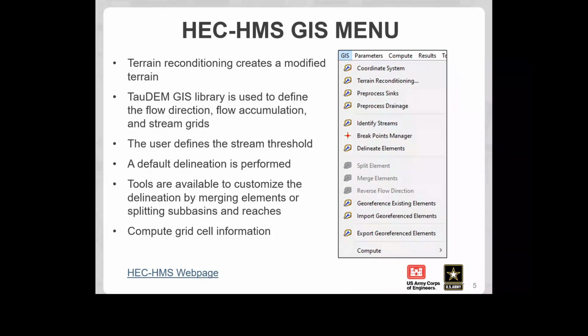There's just one menu that you're going to go through to georeference your basin model, work with the terrain data, get your subbasins and reaches delineated. And then there's also other tools to compute your watershed characteristics and then other information that you need for any geospatial type work.